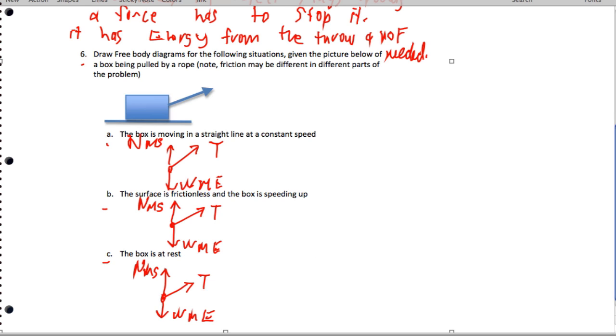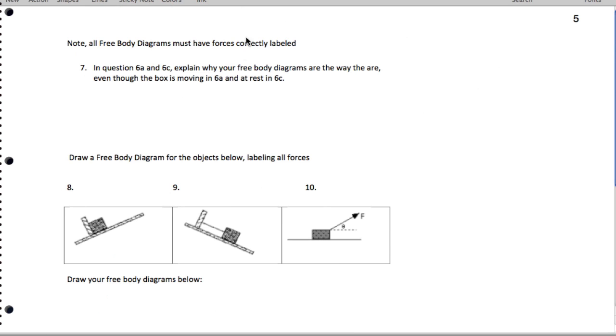Now, if we're moving in a straight line at a constant speed, that means the forces must cancel. So there's got to be something that cancels this horizontal pull of tension. We're assuming the box just goes on the surface, so there's got to be a friction force going that way. Here, the box is speeding up, so there's no friction force. And in this last part, we've got a friction keeping it at rest because the box wants to go this way, but the friction keeps it still. So for number 7, they're the same. And here's why.